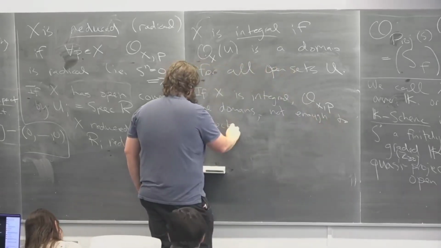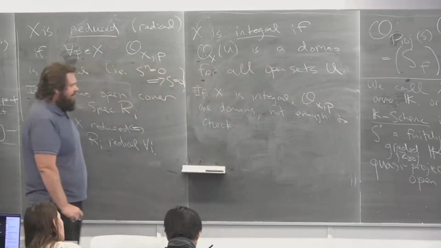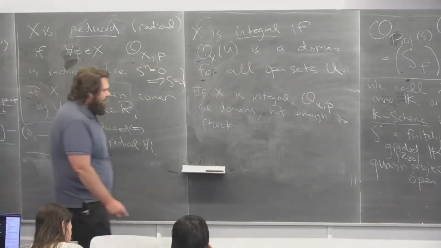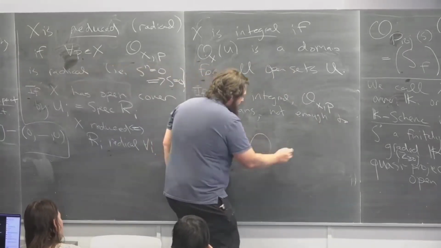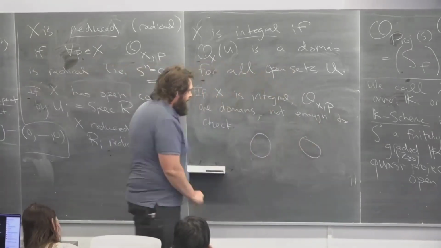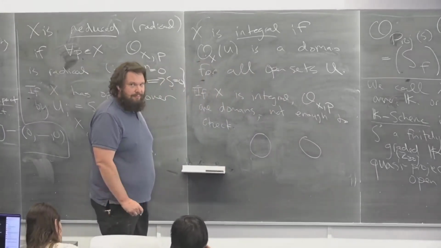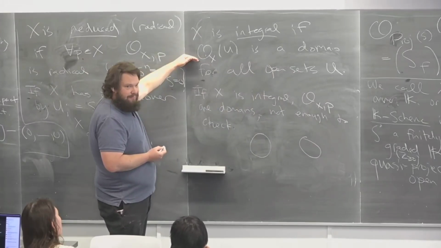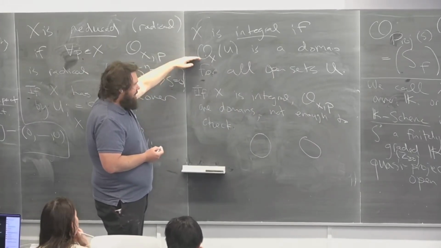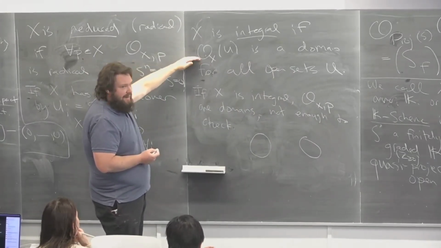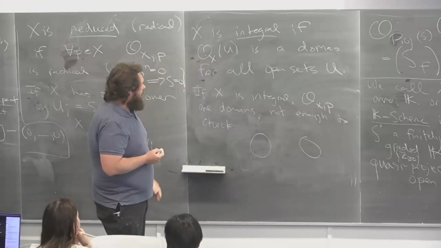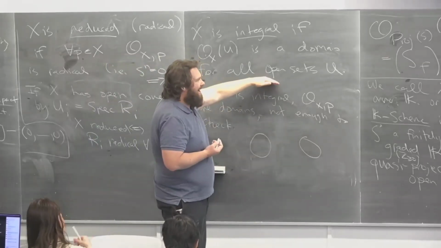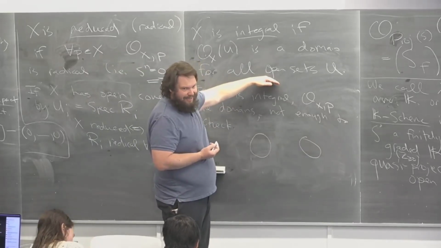And the reason, which was covered pretty extensively on question 1 and homework 2, is that if I take a disjoint union, I will always get something which isn't a domain. Right? I'll get the direct product of two rings, and that's never a domain. So I need to have the stalk property, but I also need to not have any open sets which are disconnected.